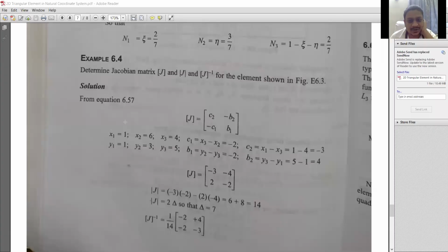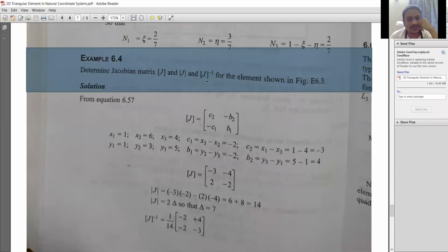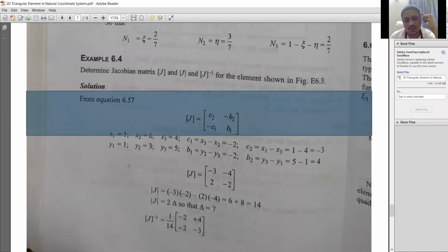Now, coming to the second solved problem given in the book. We have to find the Jacobian matrix J, its determinant and its inverse. I have already explained this during the derivation. In the derivation, you will find that J is nothing but C2, minus B2, minus C1 and B1.